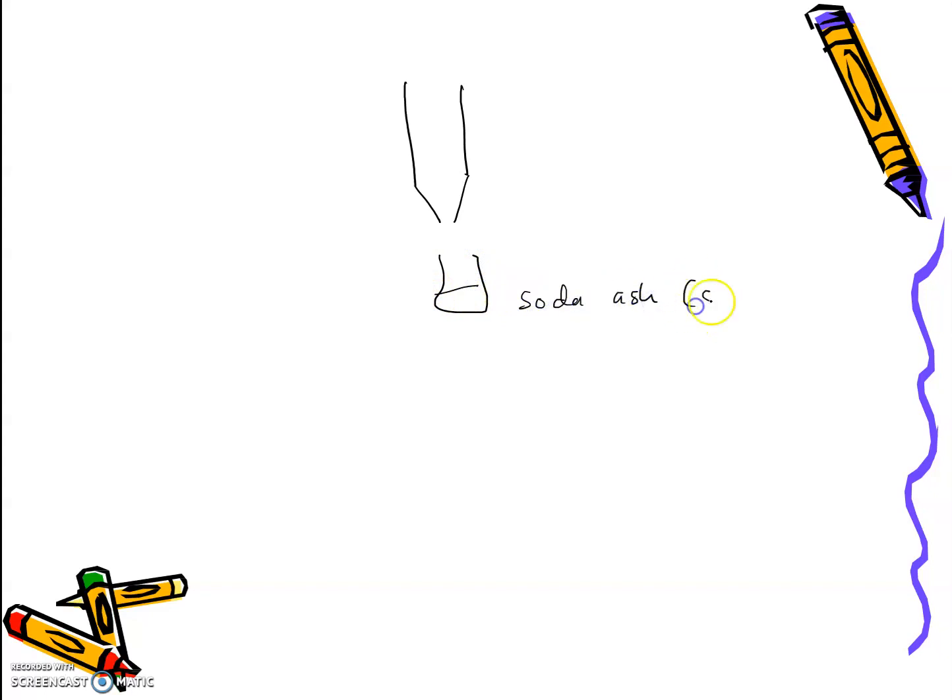Okay, soda ash is a sample, so mass is 0.2638 gram. Okay, in sample soda ash that contains sodium carbonate.